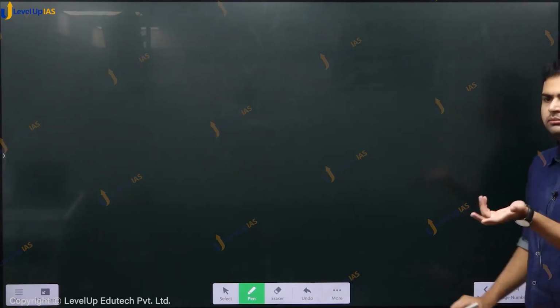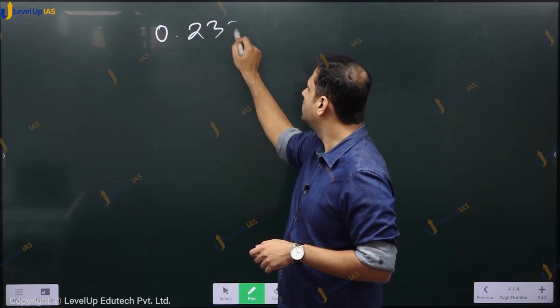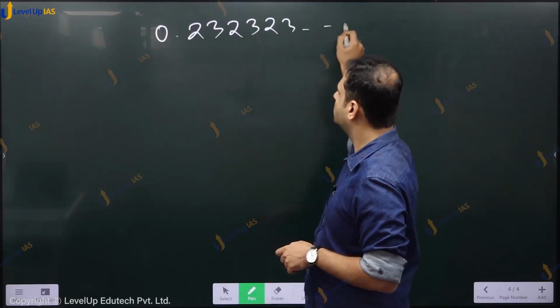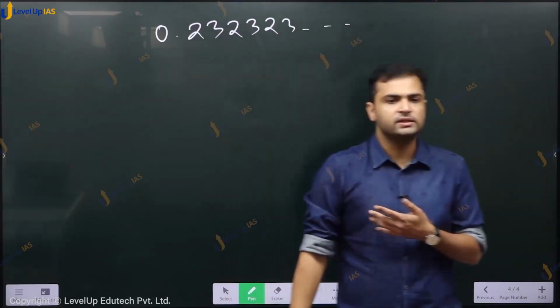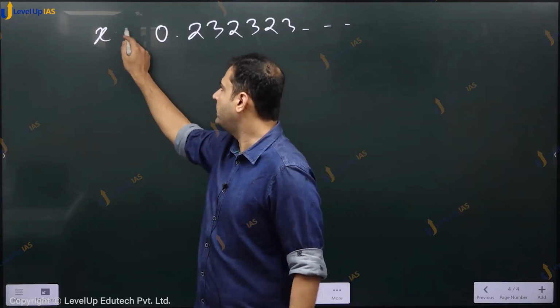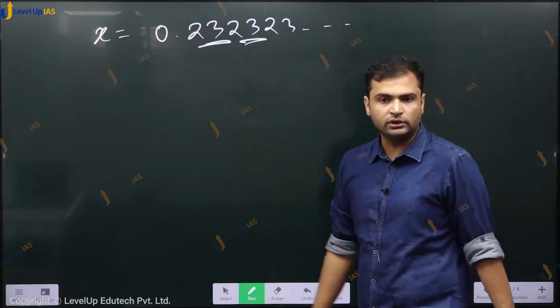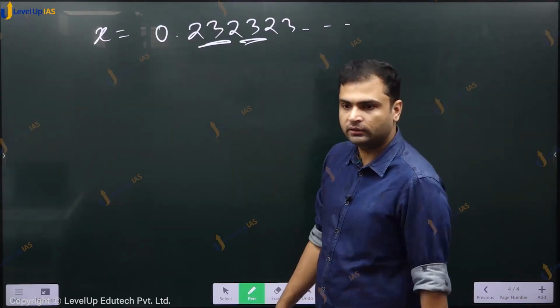Then we saw some examples of this, like if I have 0.232323 and I want to convert this into a fraction, then I write x, then because two digits are repeated, 23 23 23, I have to multiply it by 100.